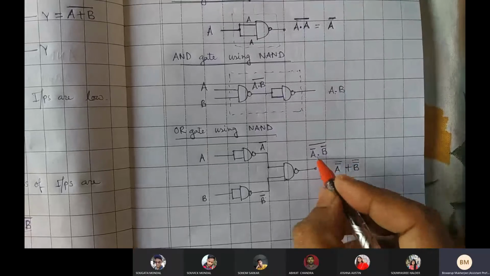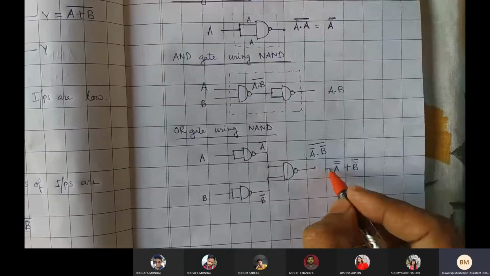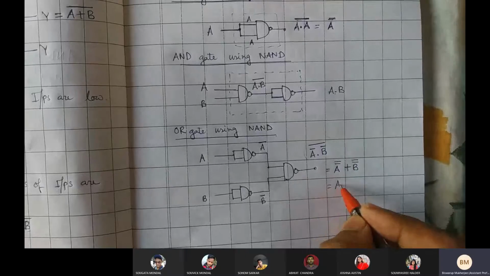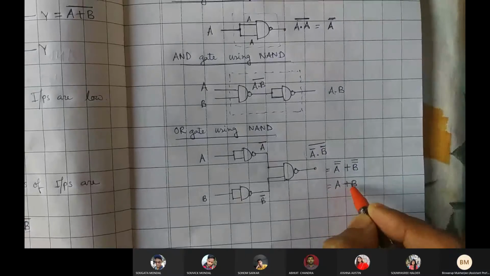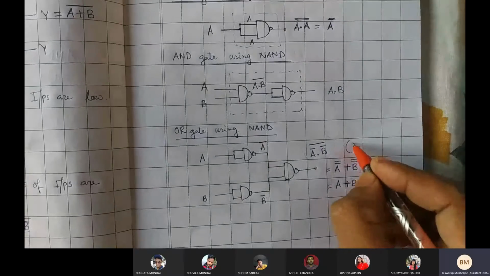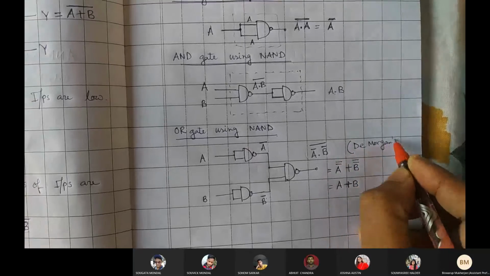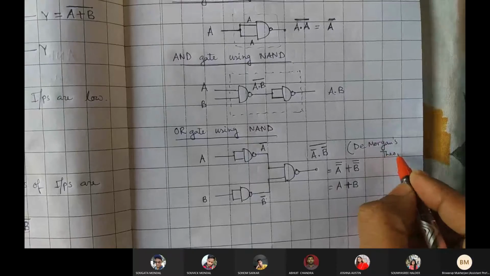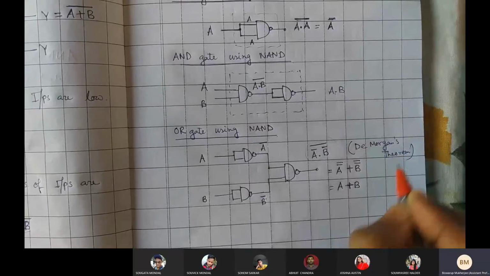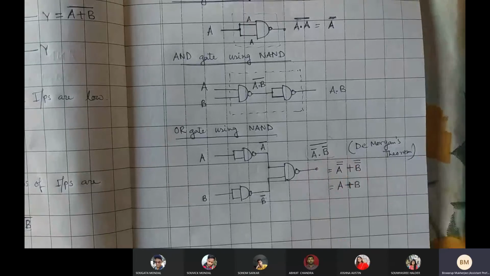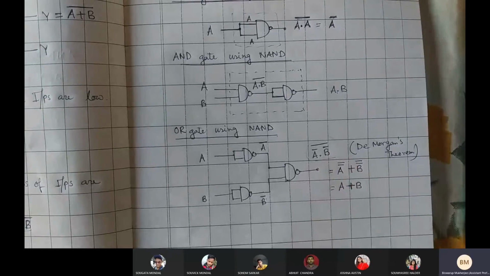That double complement means A plus B. So by using De Morgan's theorem, we can get this. Probably you have learned De Morgan's theorem, those of you who had computer science in higher secondary.